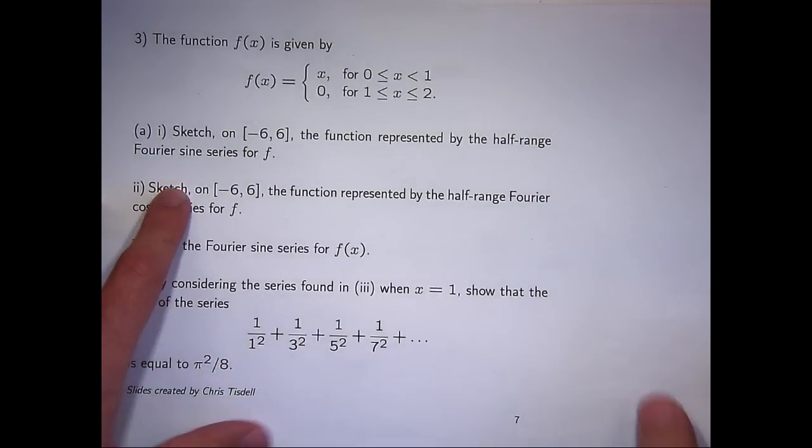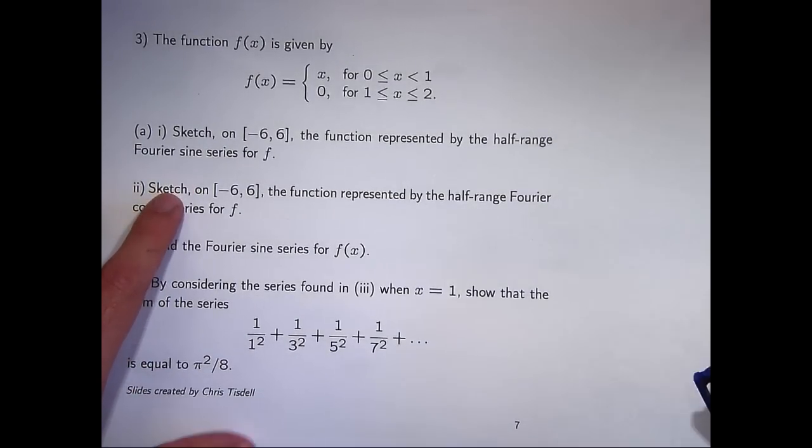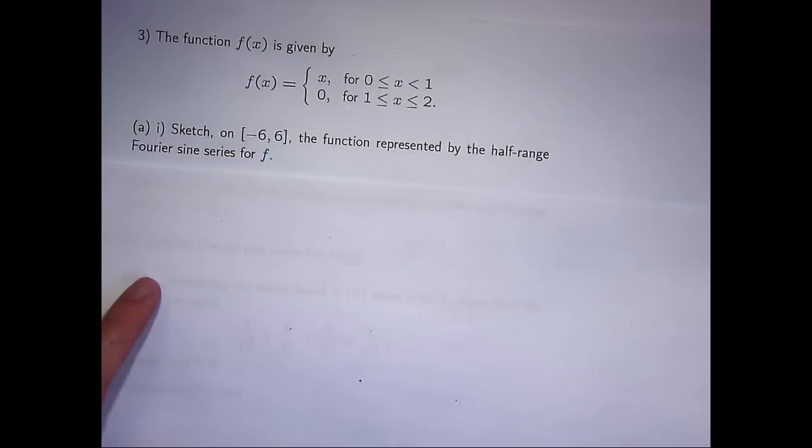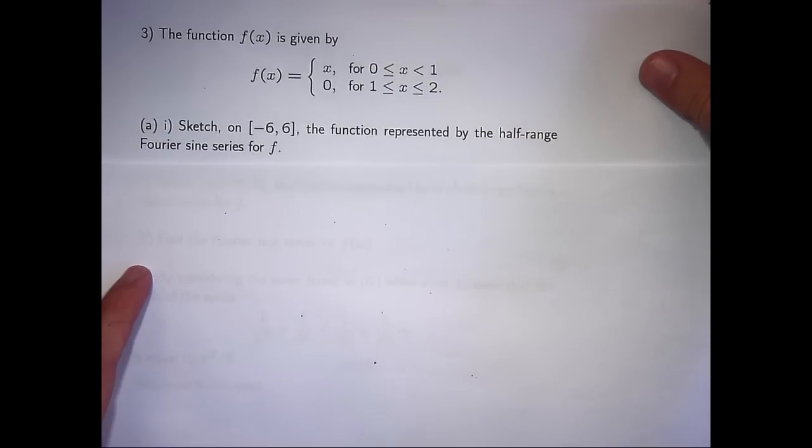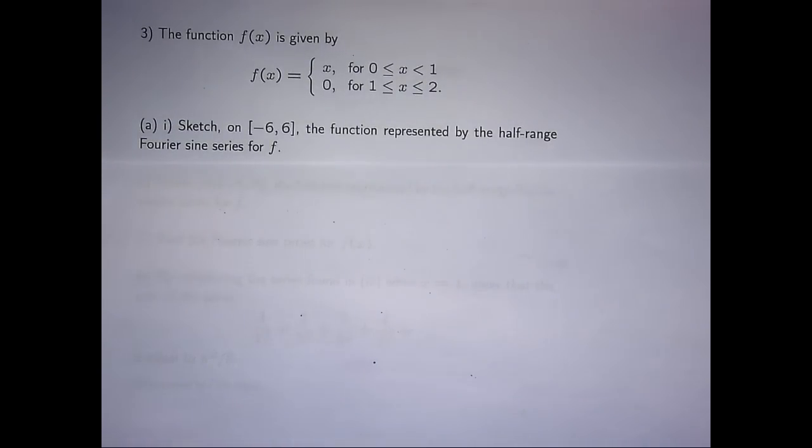Okay, well, let's have a look at the first part. I'm actually going to do two sketches for this part. First, I'm going to sketch the odd periodic extension of f, and then I'm going to sketch the graph of its Fourier series. You don't have to do that.